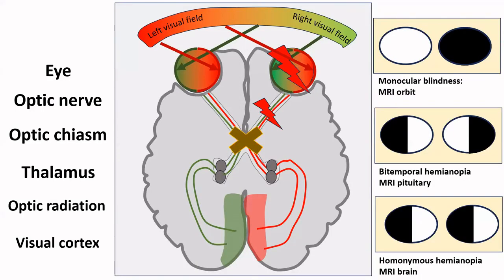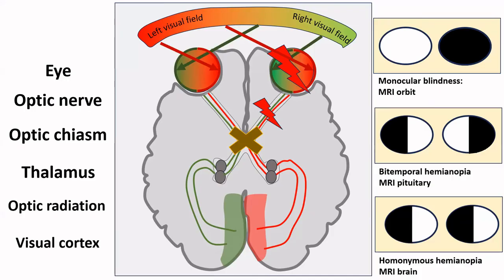So let's now move on to pathology of the optic pathways. And there are two regions that are important. We already discussed extensively pathologies of the globe and the optic nerve, which will give rise to monocular blindness. Now we're going to talk about lesions involving the region of the optic chiasm.